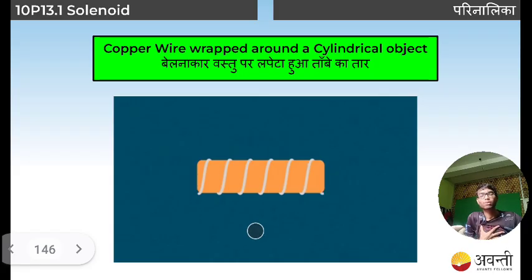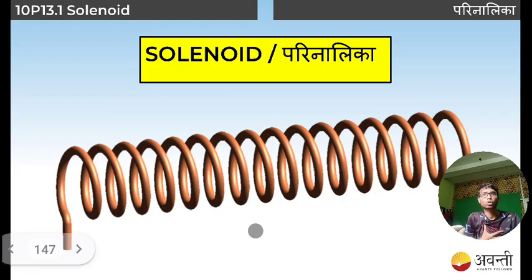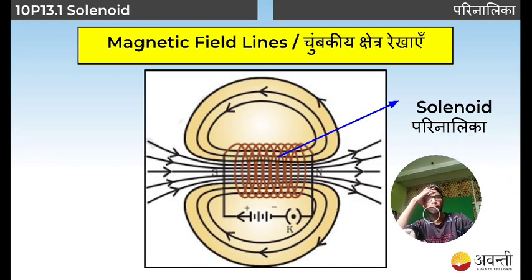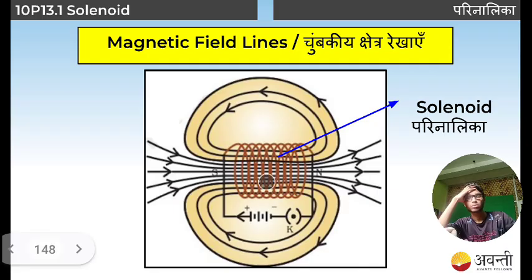What will be the magnetic effect? This is what a solenoid is. The name of this is a solenoid. Magnetic field lines. It will work like that.